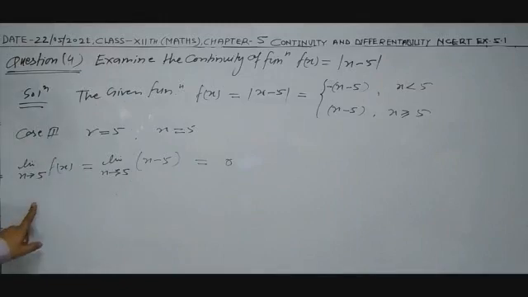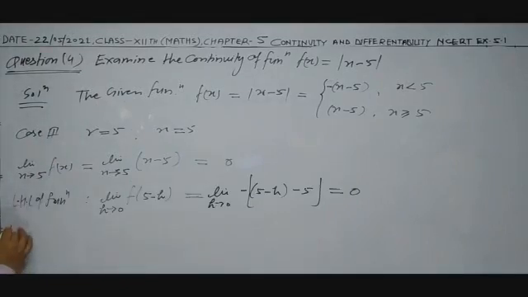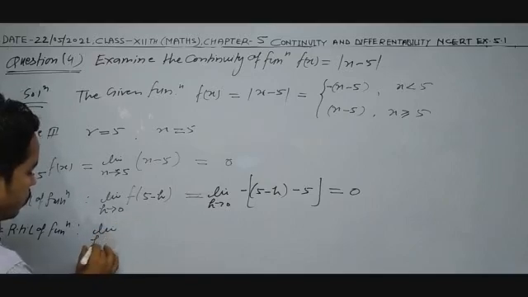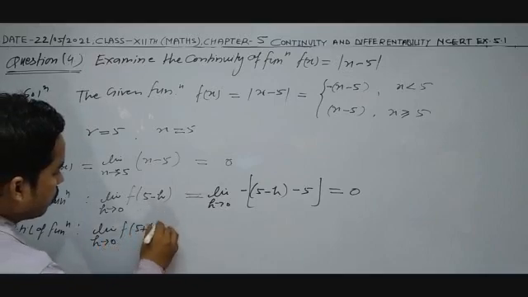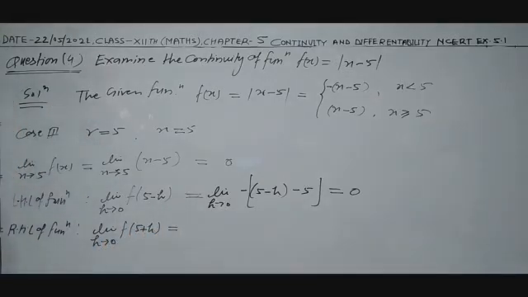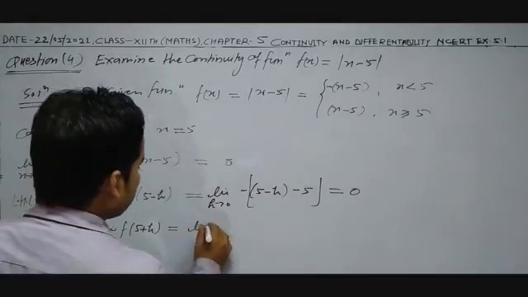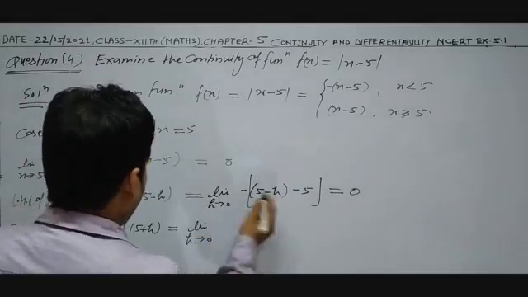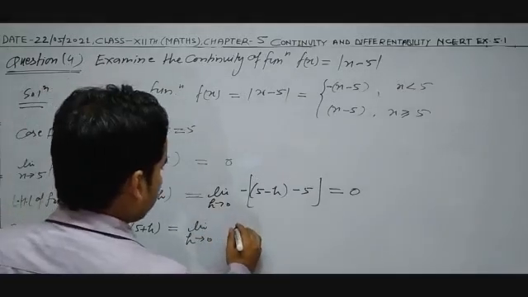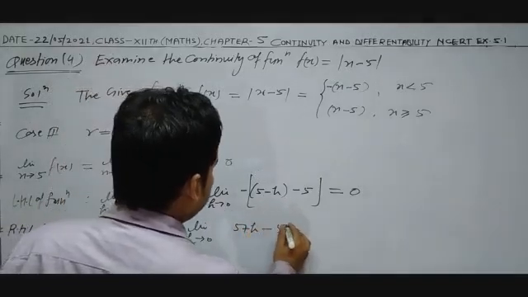So consider the left hand limit, and then the right hand limit of the function: limit as h tends to 0 of f(5 plus h), which means 5 plus h minus 5.